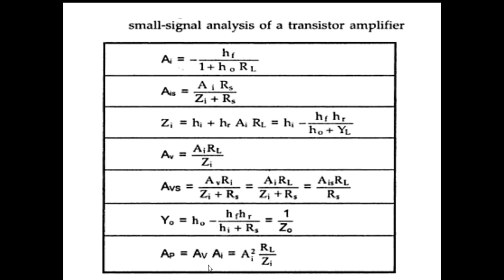AV is equal to AI into RL by ZI, so in this way also you can calculate AI square into RL by ZI. So power gain is equal to voltage gain into current gain. These are very important analyses using the hybrid parameter model. In this way you can analyze the characteristics of a given amplifier circuit, and you can analyze which is better and which is not good.